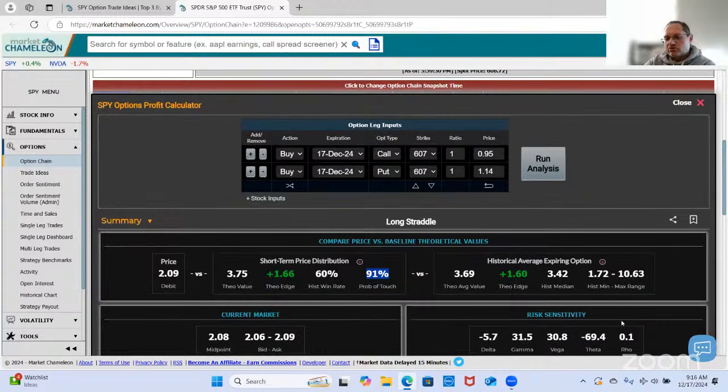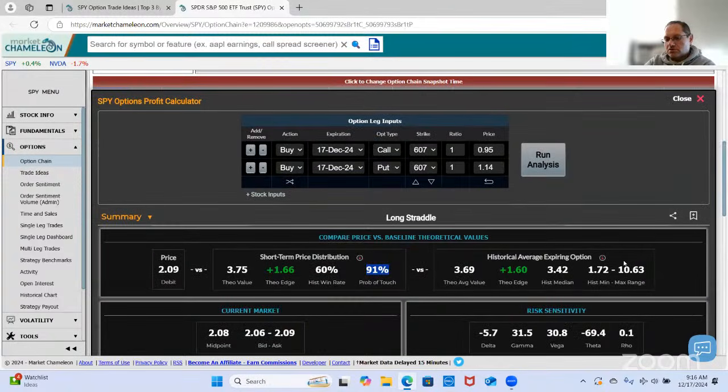Now, that's using the historical stock moves, right? That's looking at just how the stock behaved historically. What about how the options typically get priced with 1 day to go?